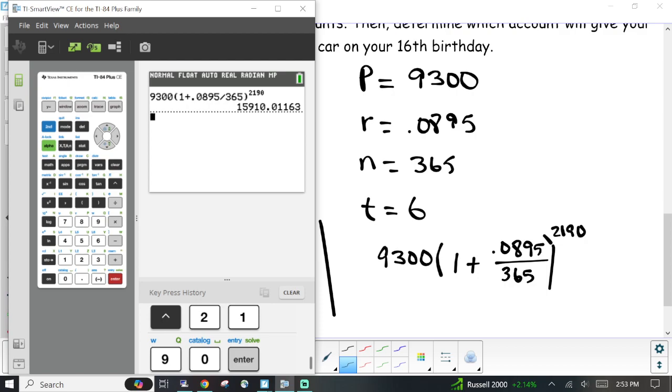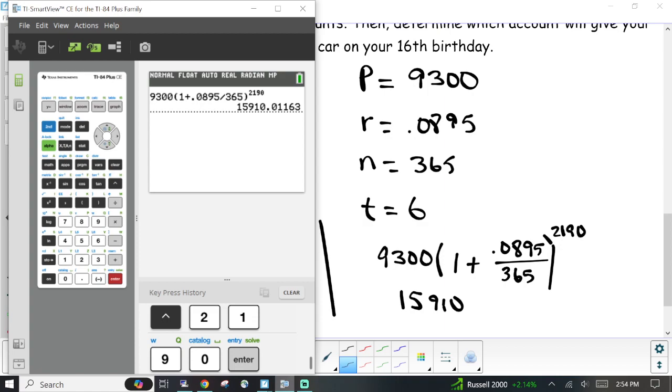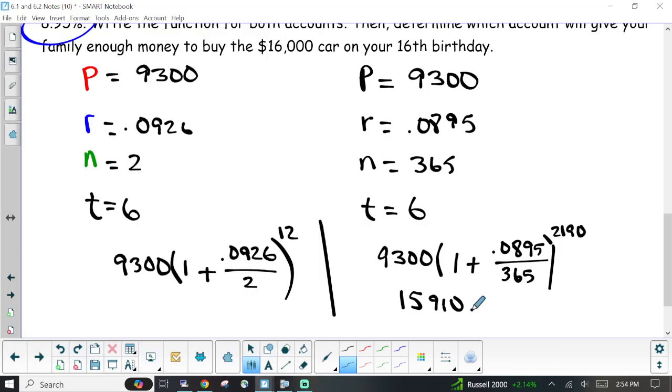Look, should I go with account B if I want $16,000? No. Are you looking at the number? Account B only gives me $15,910.